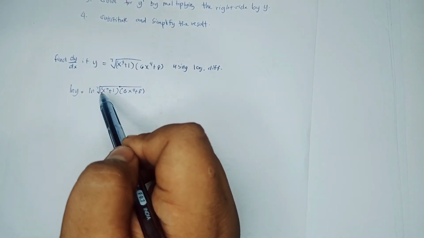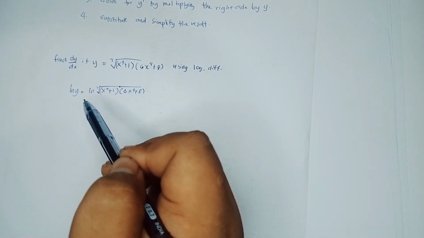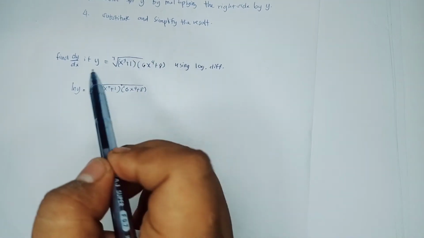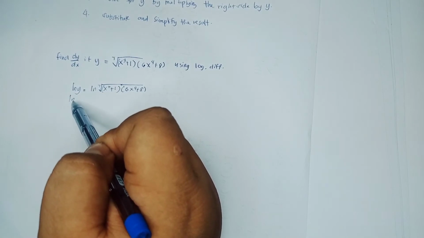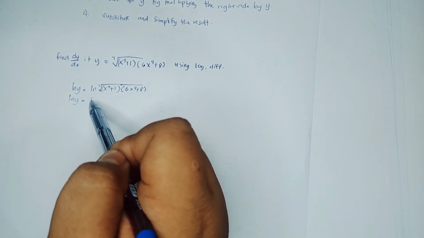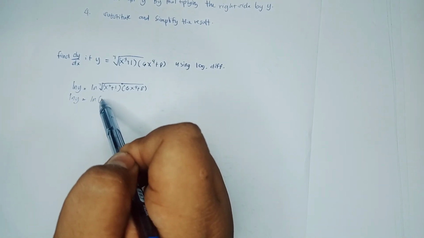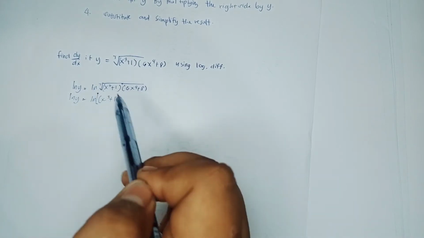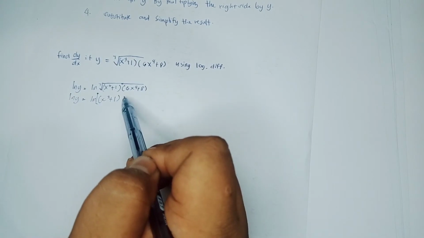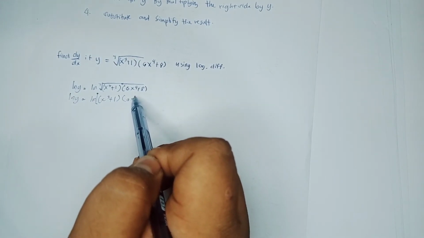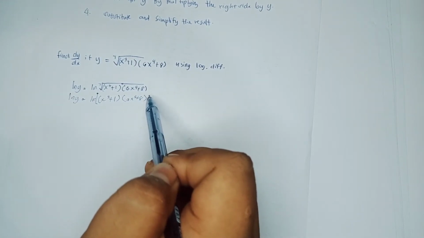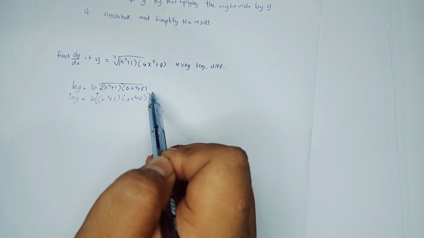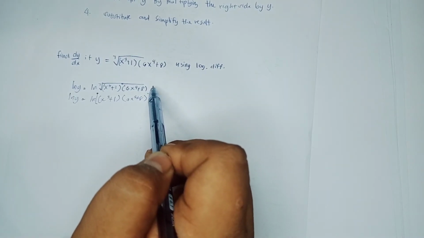We can also remove this radical sign and make it an exponent of the equation. ln y is equal to ln of x cubed plus 1 times 6x raised to 4 plus 8, raised to the power of 1 over 7.